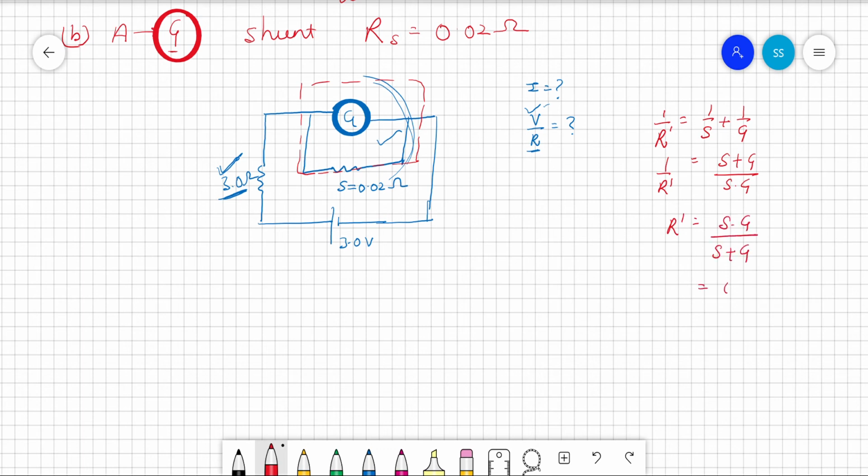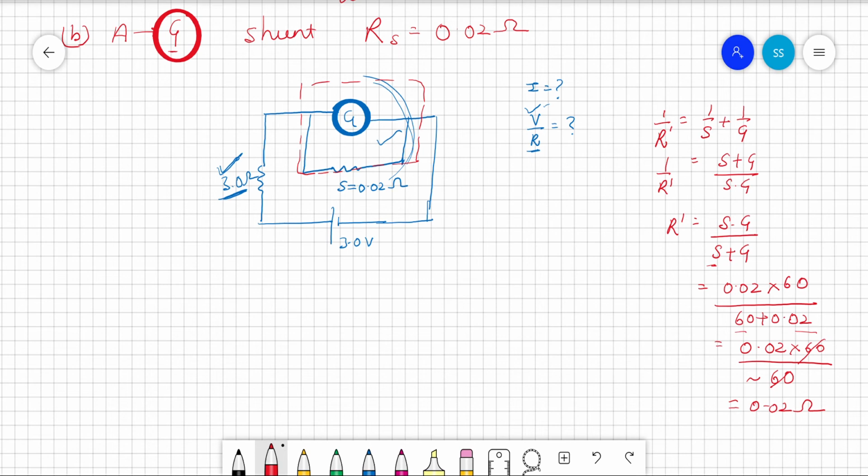What is the value of the shunt? 0.02. The value of the galvanometer resistance is 60, and here you have 60 plus 0.02 ohm. To solve my question, I am just using the method of approximation. 60 plus 0.02 becomes 60.02, which can approximately be written as 60. So it gets cancelled. What would my answer become? 0.02 ohm.